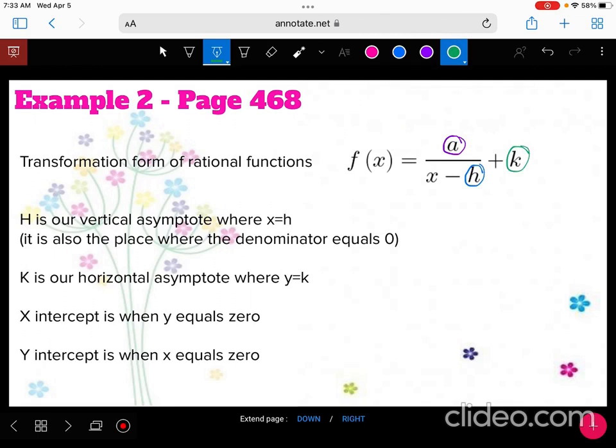Our friends. We've seen them forever. It's the same jobs. They still do the same thing. A is our vertical stretch or compress. H is our horizontal transformation, and that tells us our vertical asymptote. This is a line on a page.